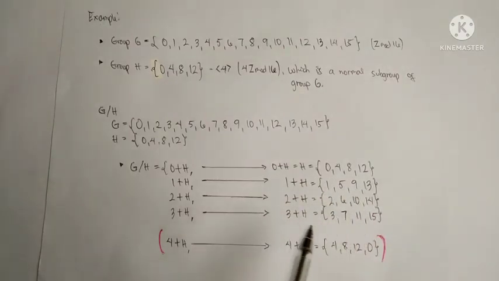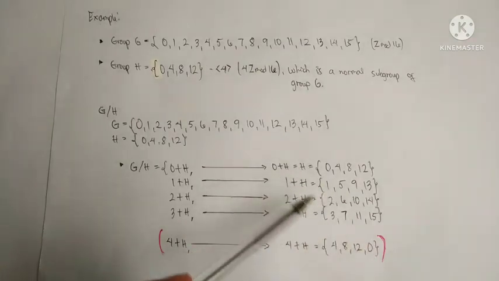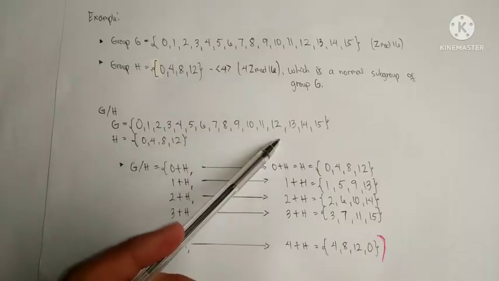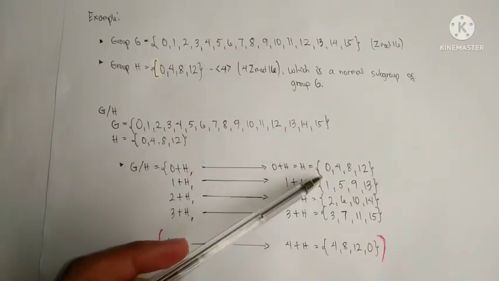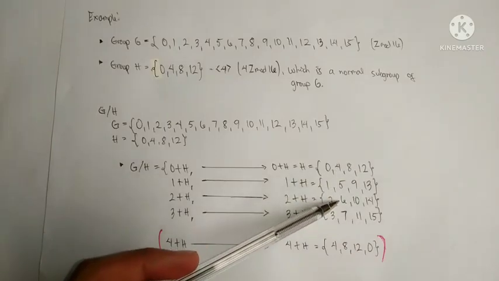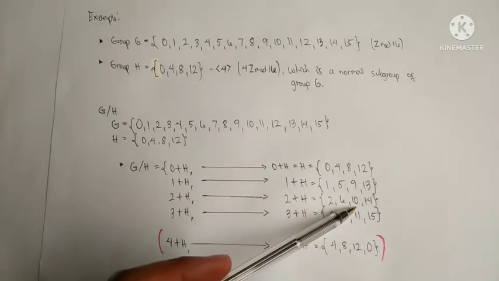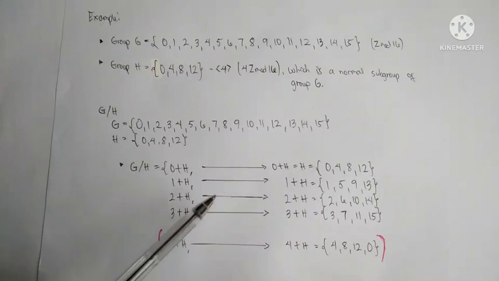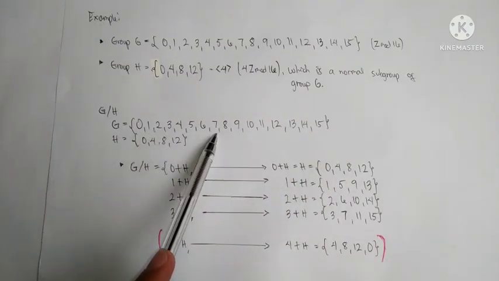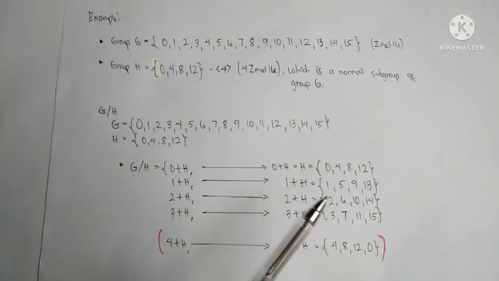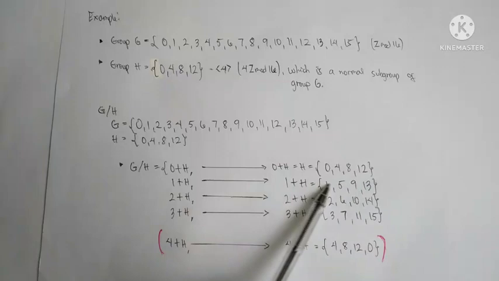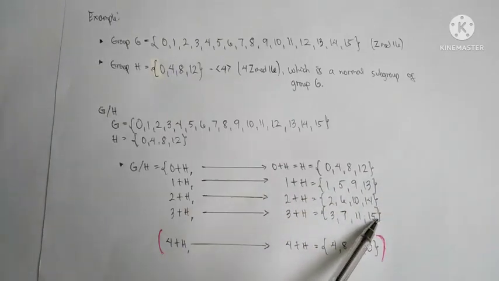You also notice that in our factor group, we have every element of our main group G: 0, 1, 2, 3, 4, 5, 6, 7, and so on. And we knew it was going to be of order 4. So we have 1, 2, 3, and 4.